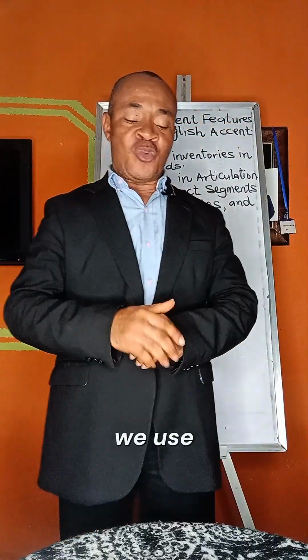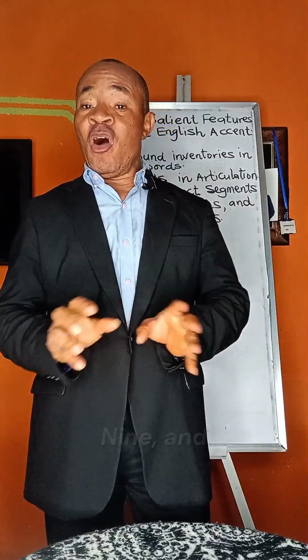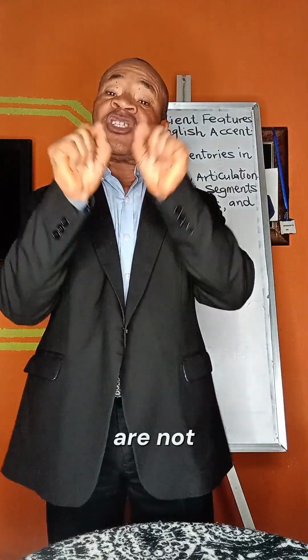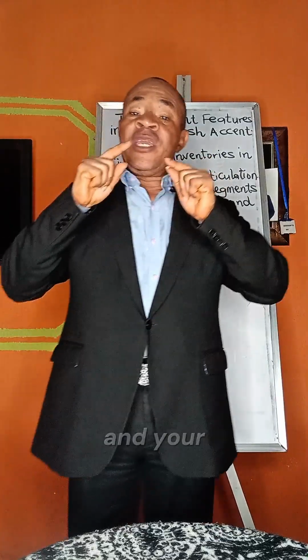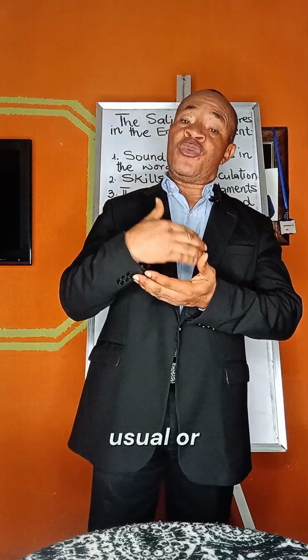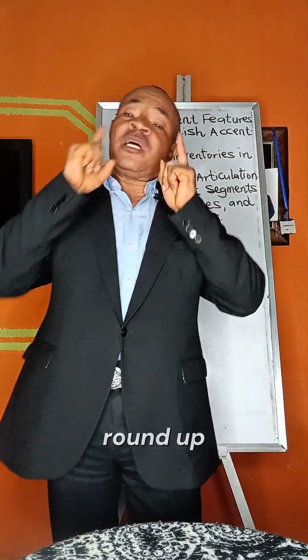Why do we use the word nine? You discover that if your lips are not shaped up, and your tongue doesn't take the normal position to befit that sound, the sound is wrong. Now look at my mouth. You have to round up your lips.